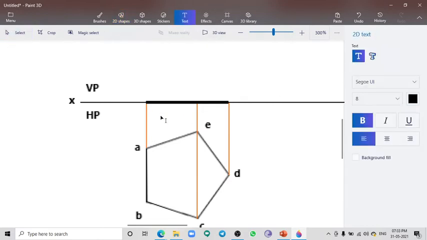Similarly, the namings: B dash and A dash are hidden points, so you have to write them within brackets, C dash within bracket E dash. This is going to be your D dash.